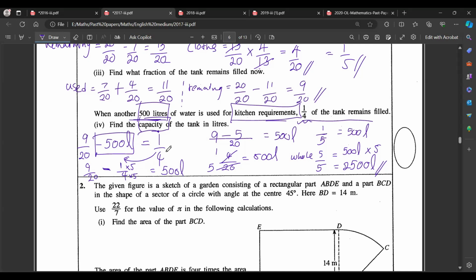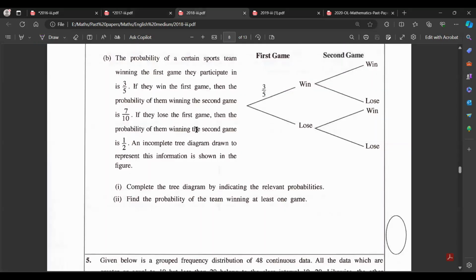That means subtracting 1 over 4 from 9 out of 20, 4 out of 20, that means 1 over 5, is equal to 500 liters. 1 part out of 5 is 500, so 5 parts should be 500 into 5. So the whole tank capacity is 2500 liters. Clear? You have to do like that.